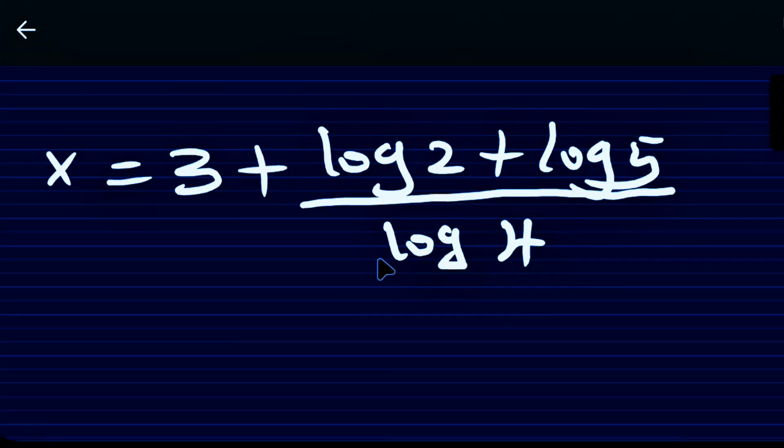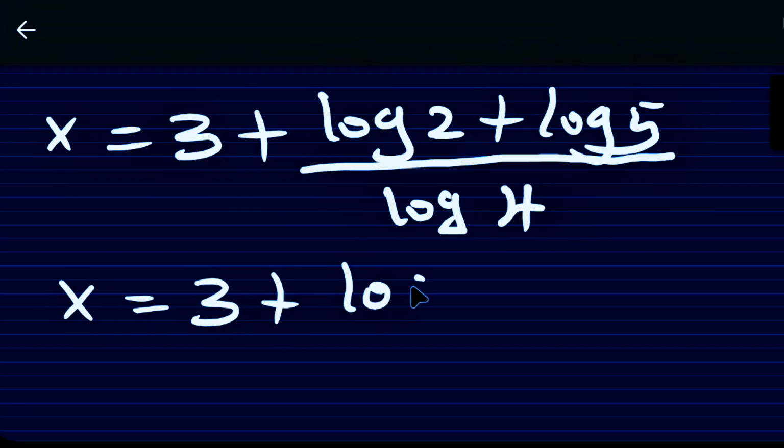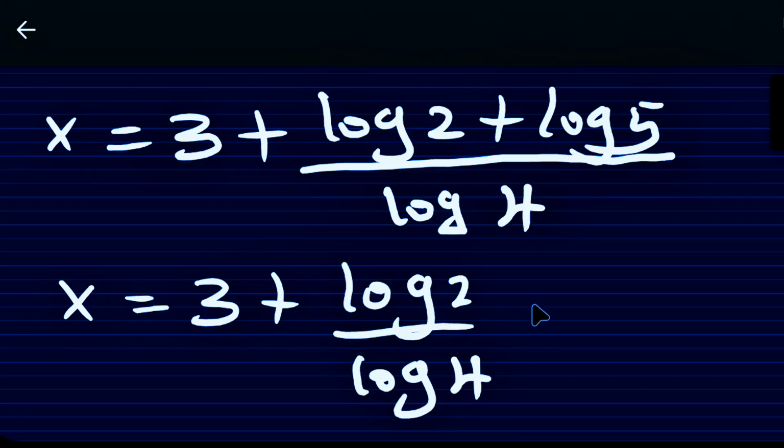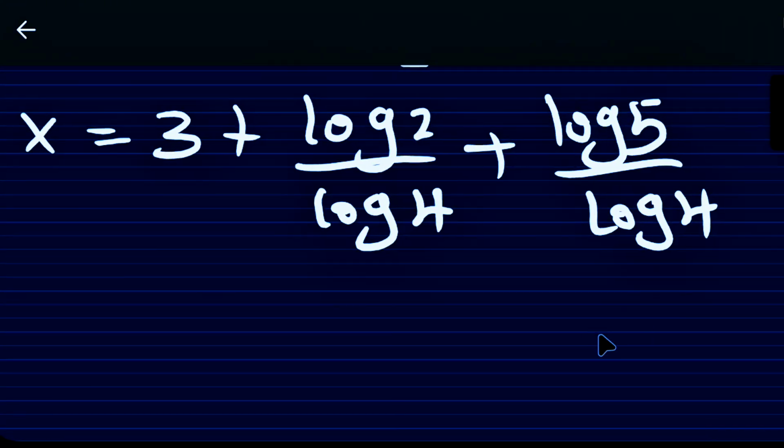So since we have a common denominator here, we are going to have that x equals (3 + log 2) divided by log 4, then plus log 5 divided by log 4. Okay, now from here, note that 4 equals 2 squared.